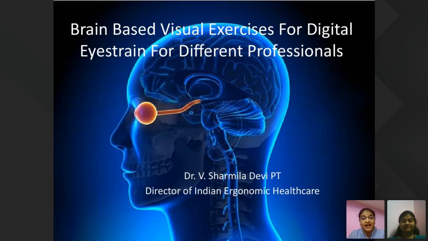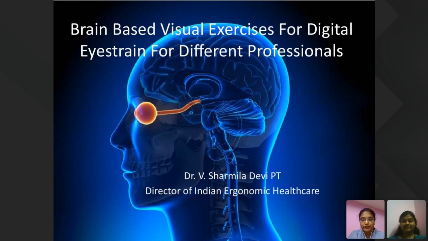Yes, of course, vision and eyes are drastically affected by digital technology like mobile phones and computers. Today we are going to see in depth how vision and eyes are affected by digital screens, and how we can manage it by means of visual exercises and a few ergonomic tips.